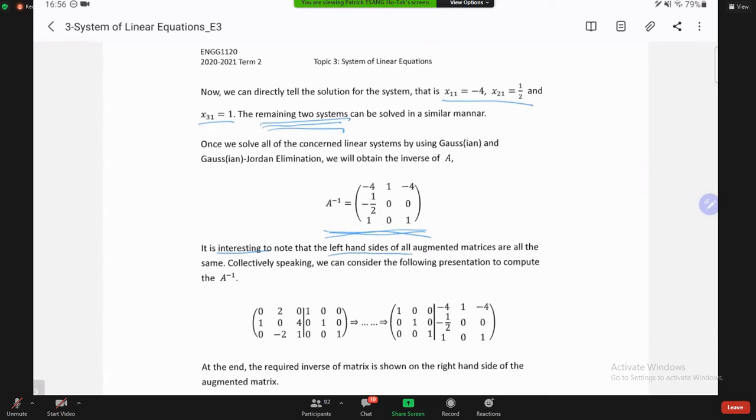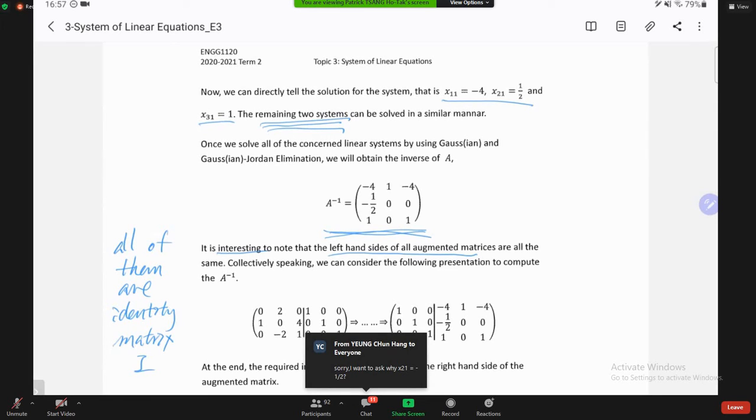We can see that the left-hand side of all of the augmented matrices are the same, and in particular, all of them are the identity matrix I. I consider them separately, but if you solve the systems one by one, you will see that the left-hand side of all of the augmented matrices all become the identity matrix I.